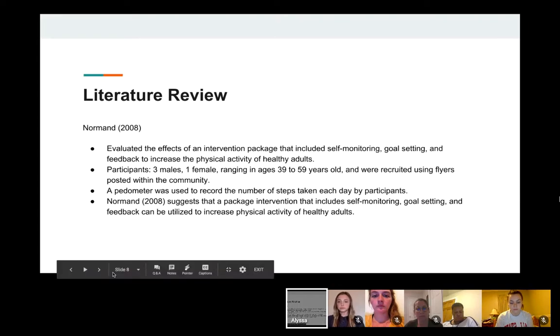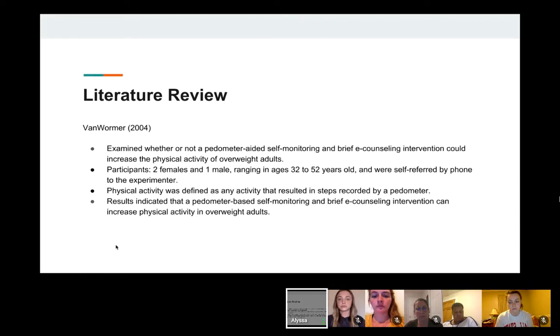The next study is from Jeffrey Van Warmer. He examined whether or not a pedometer-aided self-counseling intervention could increase the physical activity of overweight adults. His study included two females and one male, ranging in ages 32 to 52. I found it interesting that they were self-referred by phone.